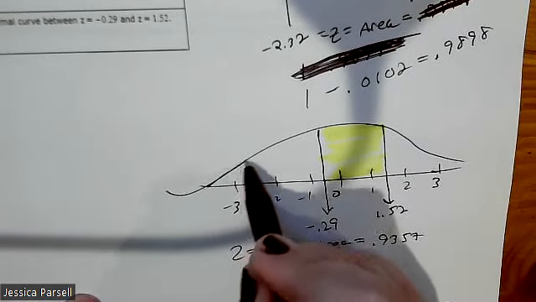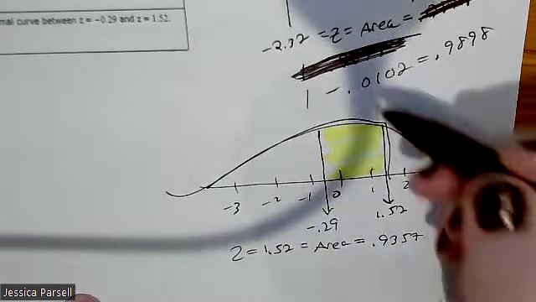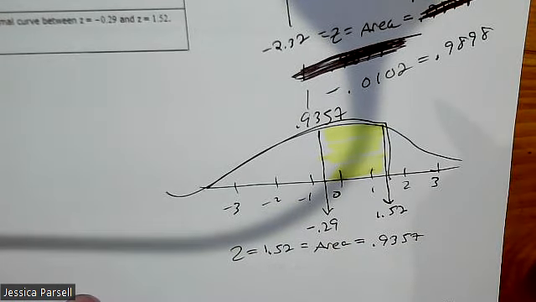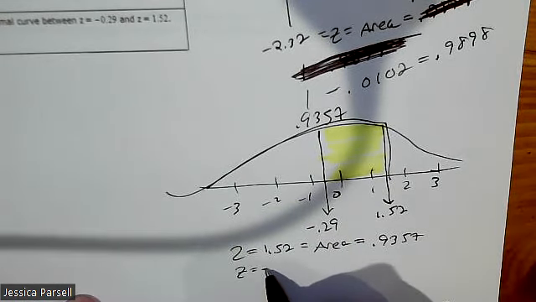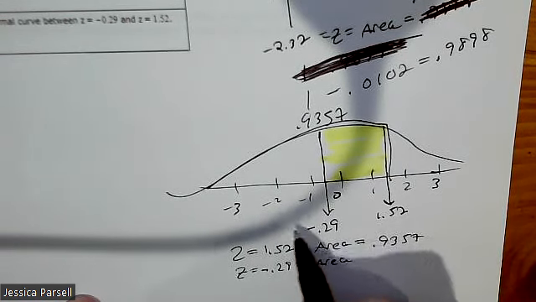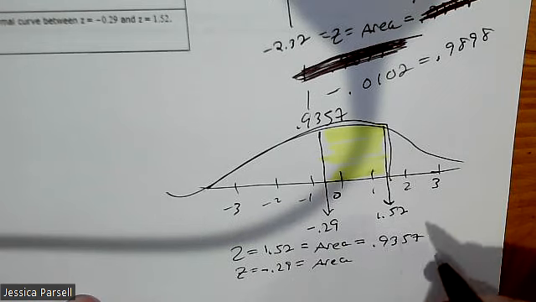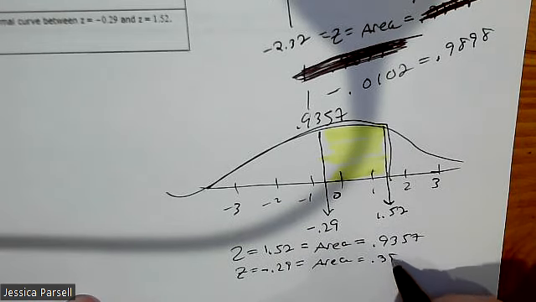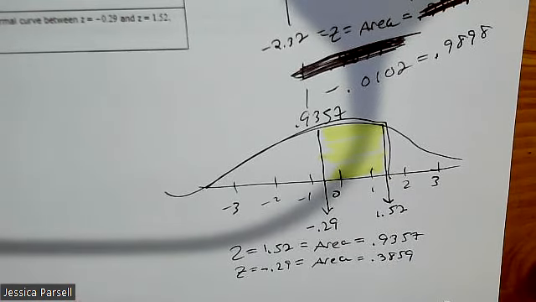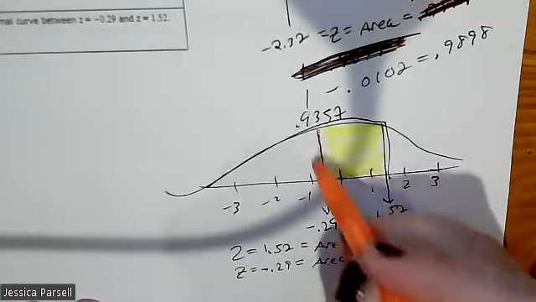So from here to here is 0.9357. And then when you looked up your z-score of negative 0.29 on the chart, the area should be this piece over here. So I got 0.3859. Okay, and that is this piece right here.